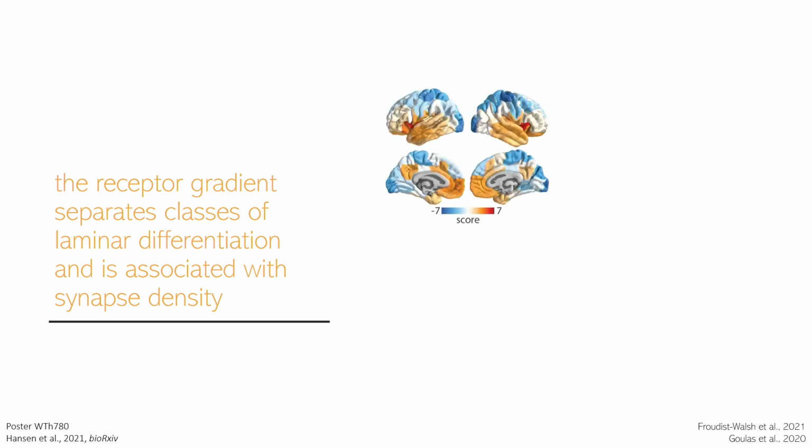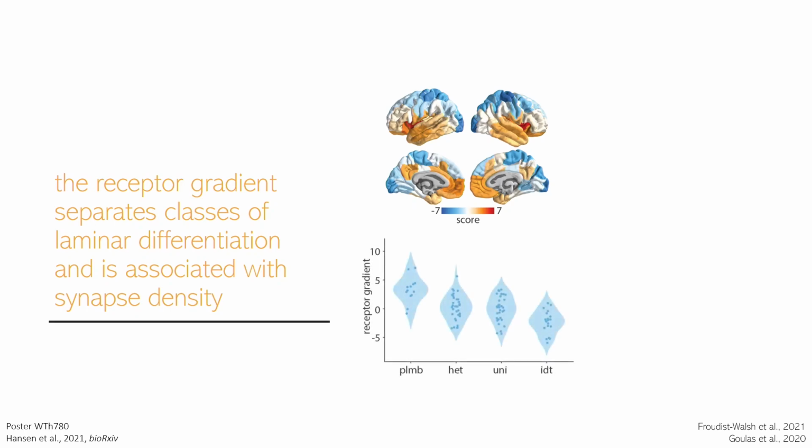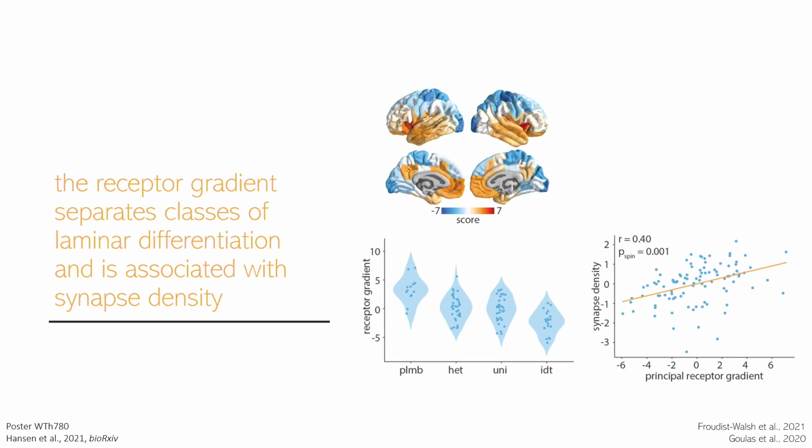So this is the first principal component of receptor density. And you can see it visually, but also when I separate it across the different classes of laminar differentiation, so how the cells are distributed in the layers of the cortex. And it separates idiotypic from paralimbic regions, and is also correlated with the synapse density, which is kind of cool considering previous work that shows a relationship between spine count and the receptor gradient in macaques.